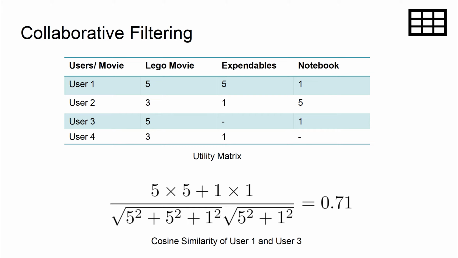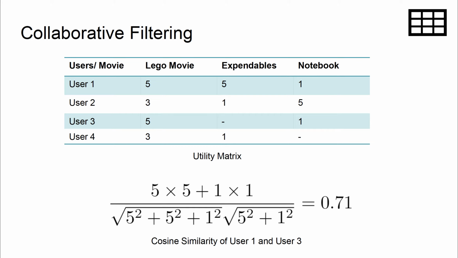User 3 liked Lego Movie, didn't see Expendables, that's what the dashes represent, didn't like Notebook. So collaborative filtering will think that, all right, maybe user 1 and 3 are comparable since they like and dislike the same kinds of movies. So maybe it's a good idea to give a recommendation to user 3 about Expendables. And we could be right, we could be wrong.